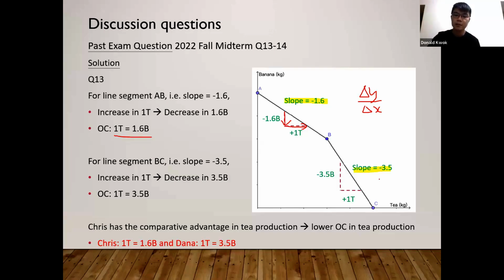Okay. On the similar token, for the line segment BC with the slope negative 3.5, it means that when you increase your tea production by 1 unit, you have to forego your banana production by 3.5 units. So this is how we can get 1T equals 3.5B. Okay, what remains is to map these two opportunity cost relationships back to Chris and Dana respectively.